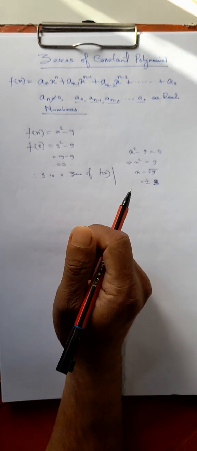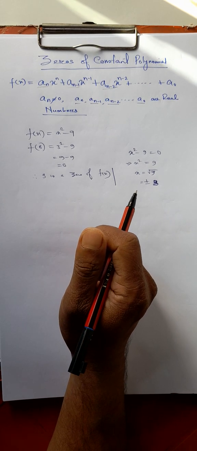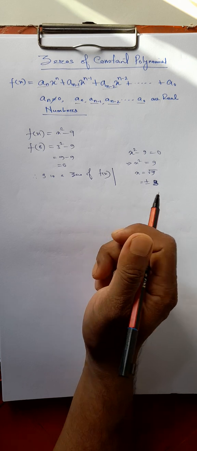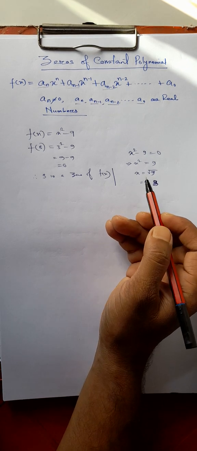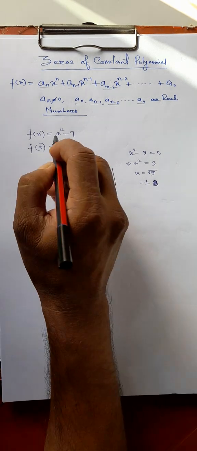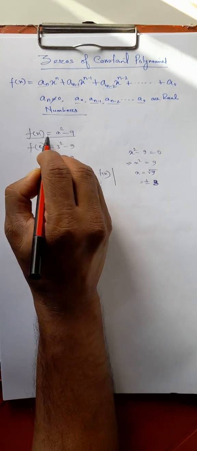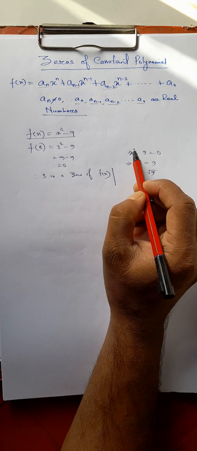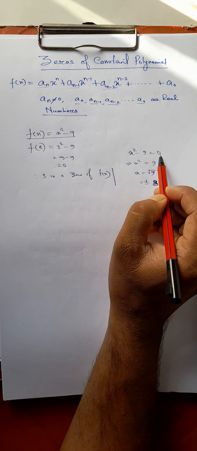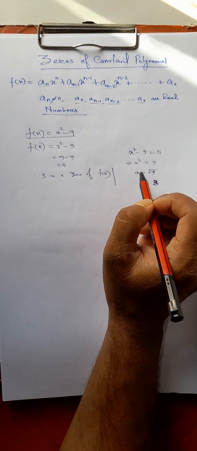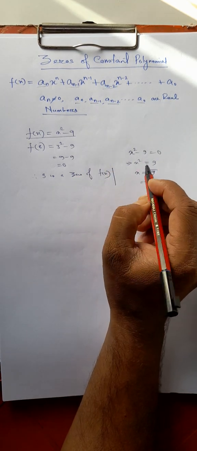That means when you are asked to find the zeros of a polynomial, you will consider the polynomial as an equation with right side 0. Then solve this equation, and you will find the zeros of the polynomial. So let's make it an equation with right side 0: x^2 - 9 = 0.